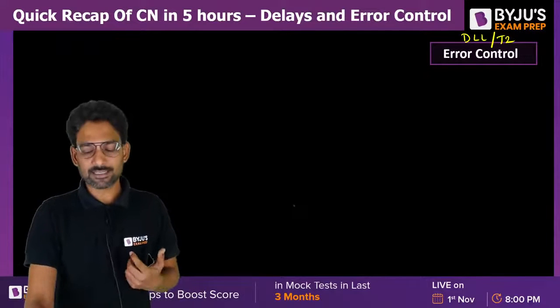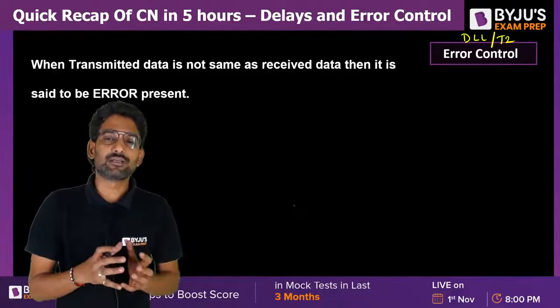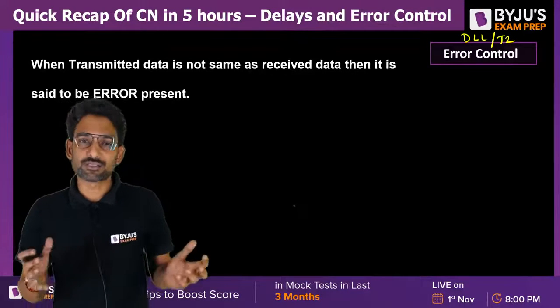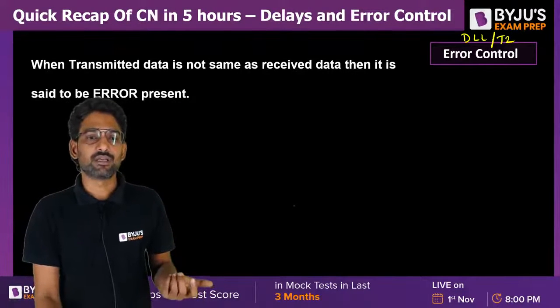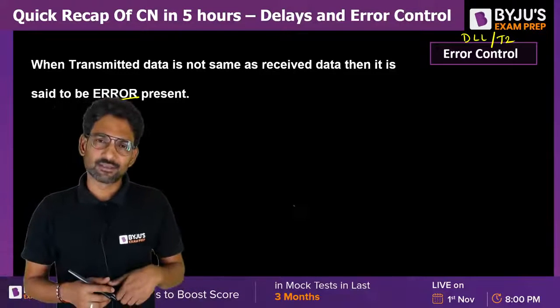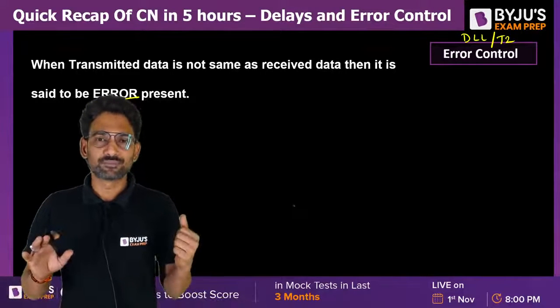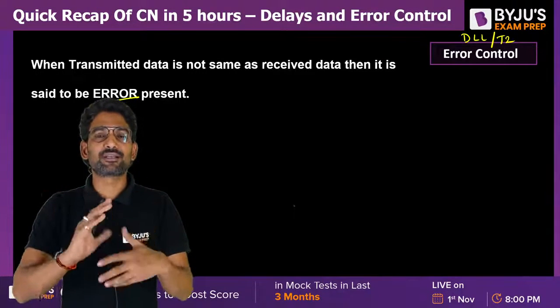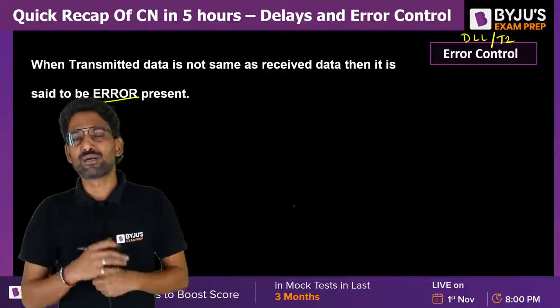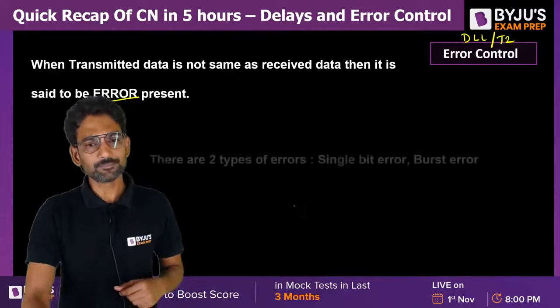You call it an error when the transmitted and received data are not the same. Not the same can mean many things: something added, something removed, or modified keeping the length the same. In any way, you say it is an error, right?